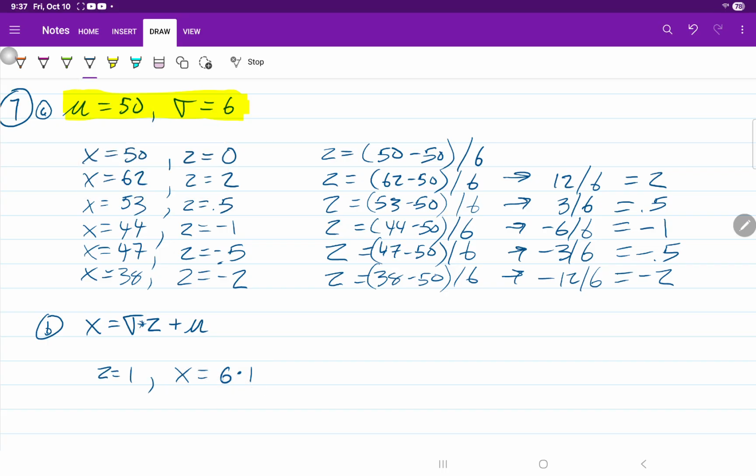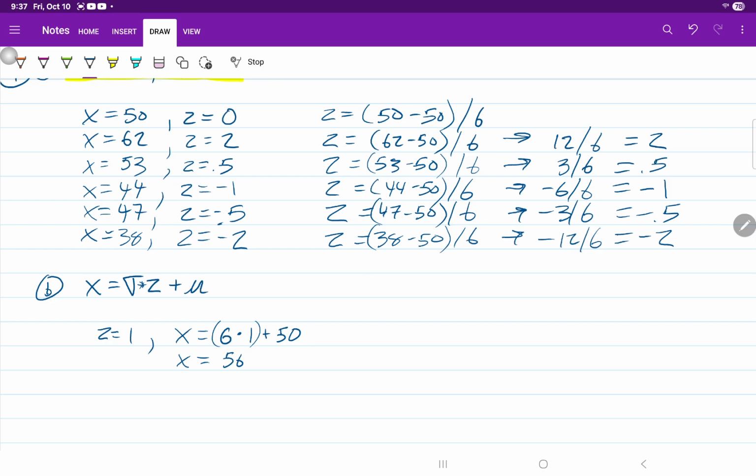So again, x equals 6, our standard deviation, times 1 plus our mean, and x will equal 56. 6 times 1 is 6, plus 50 is 56.